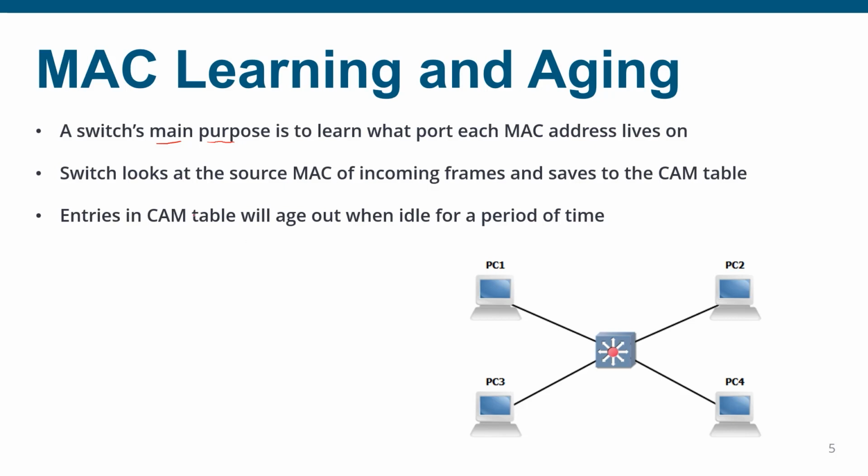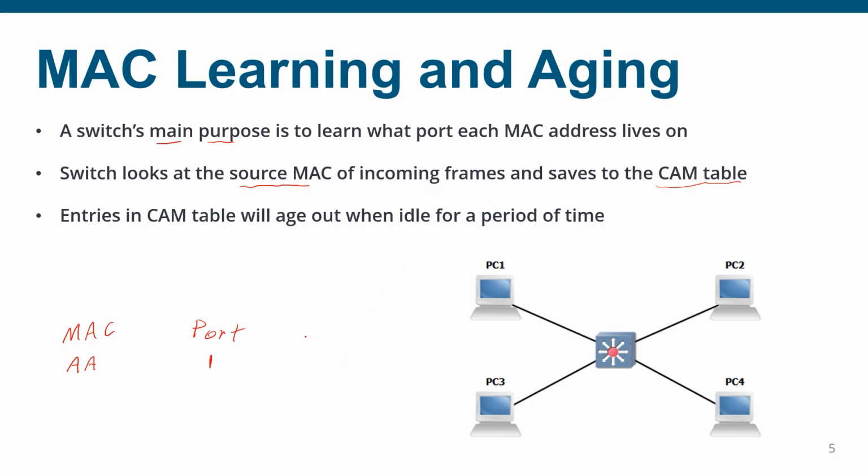A switch looks at the source MAC address of incoming frames and saves that information to the CAM table as we just mentioned, where we have MAC addresses in one column and the port in another column, and we're trying to learn which MAC address lives on which port. The entries in the CAM table will age out eventually when they're idle for a period of time.